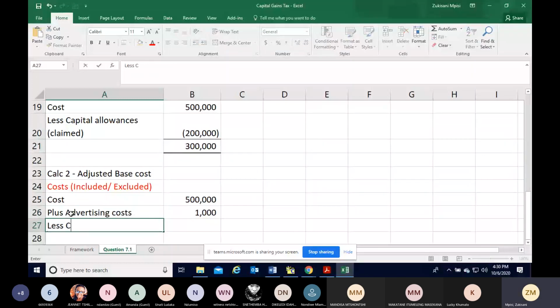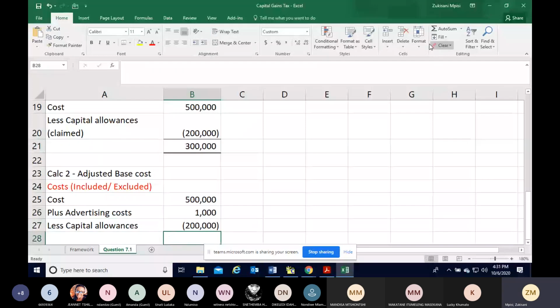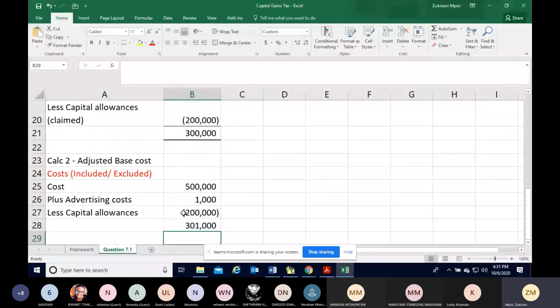And so this plus would be advertising costs. And therefore, we're going to say less capital allowances. So capital allowances, you've been given them as 200,000. And therefore, we can now calculate the adjusted base cost, which is 301,000.